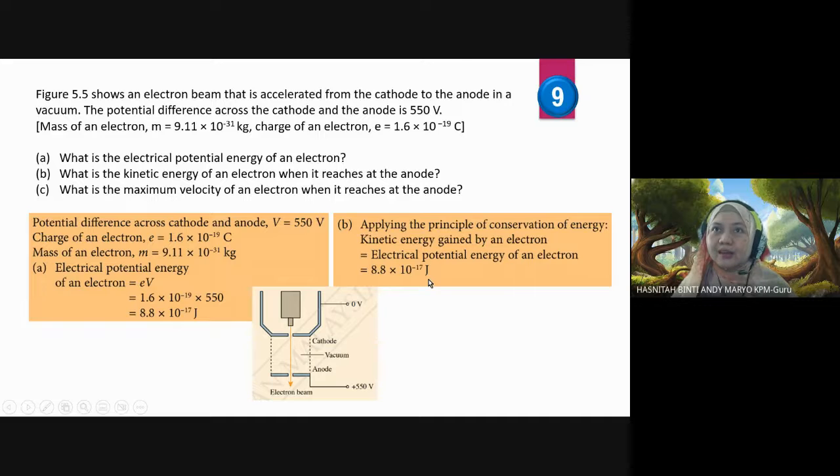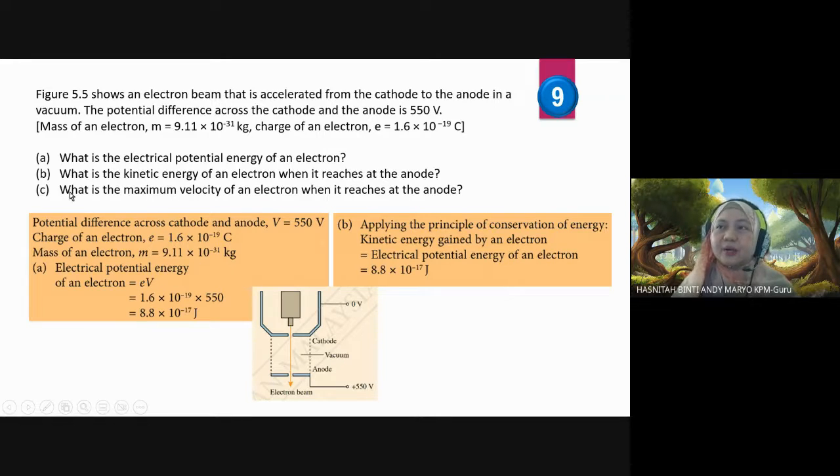We ignore any energy lost, due to the principle of conservation of energy, even though in real life there will be some energy loss. But when we are doing our calculation, we apply the principle of conservation of energy. 100% electrical potential energy converts to kinetic energy, and then 100% kinetic energy converts into light energy.